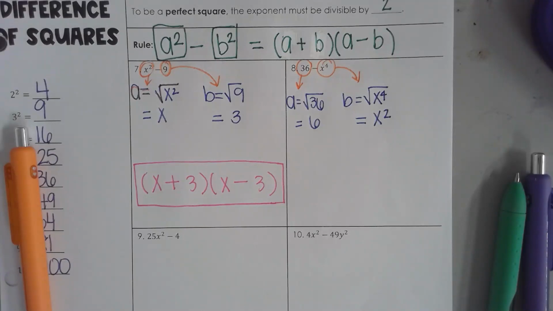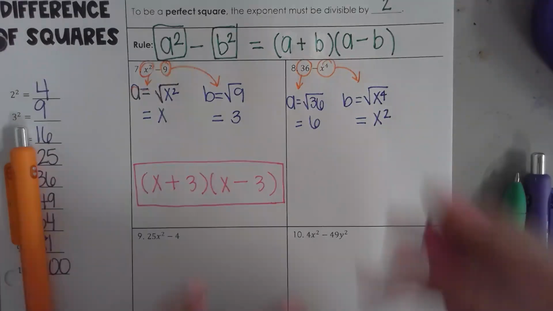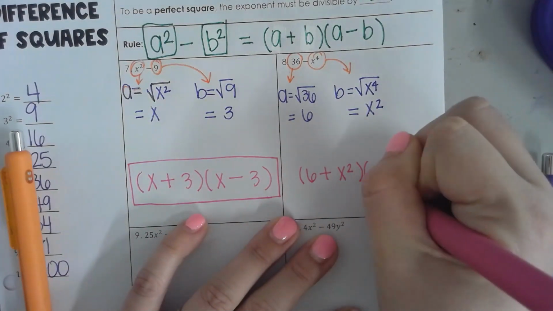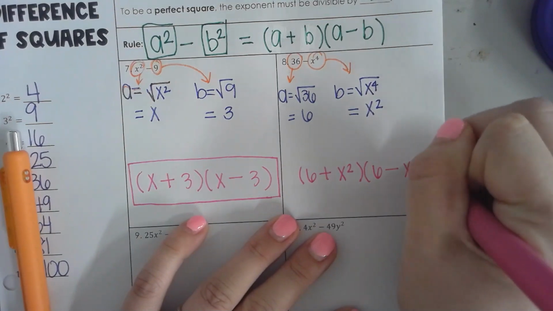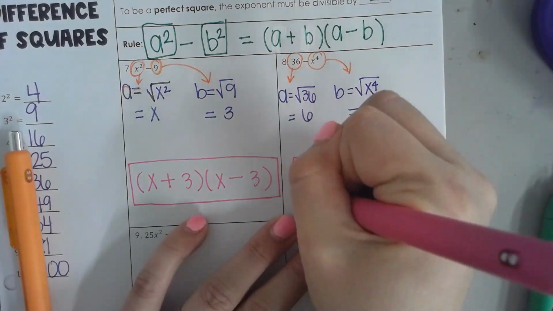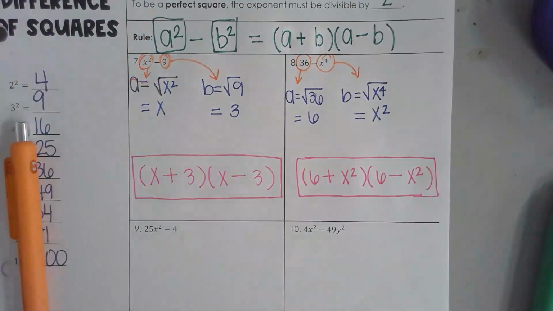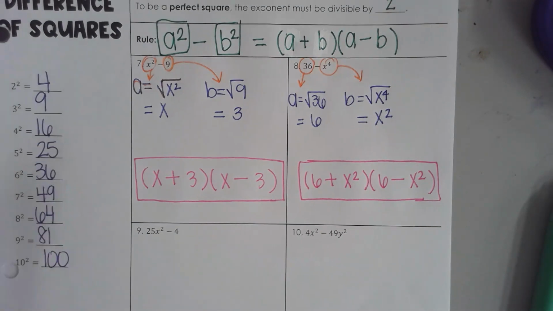So my factors are 6 plus x squared, 6 minus x squared. Any questions?